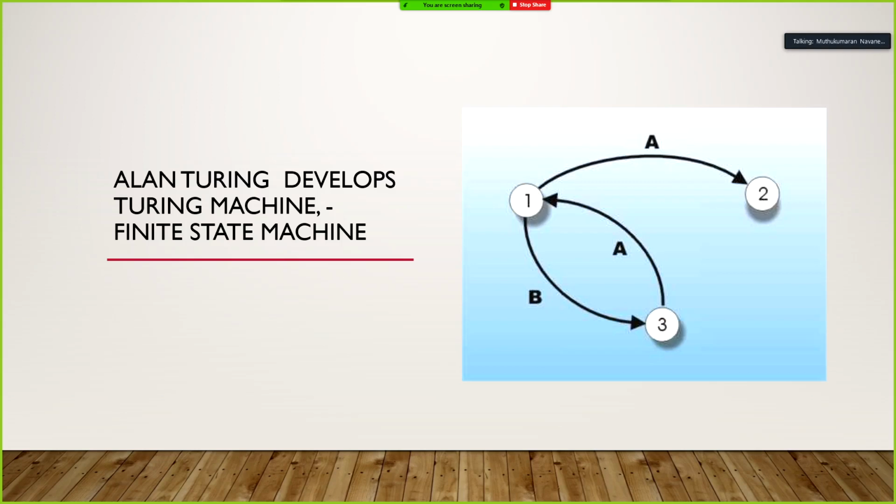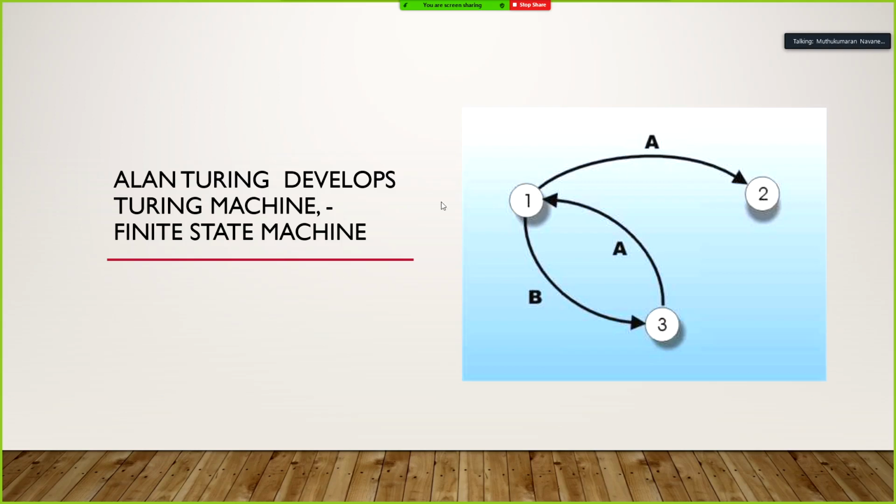Those days, mathematical computation was a very big thing, just like what AI is today. So whoever worked on mathematical computation thought they were doing something big. Alan Turing was working along with his master, Alonzo Church.